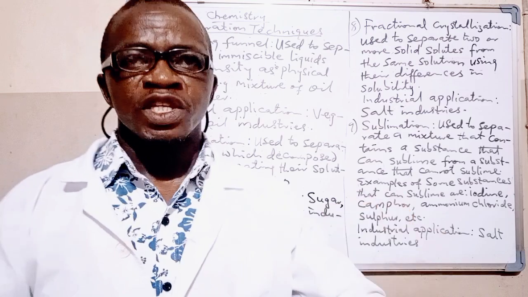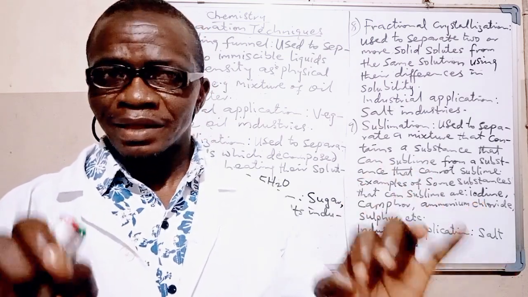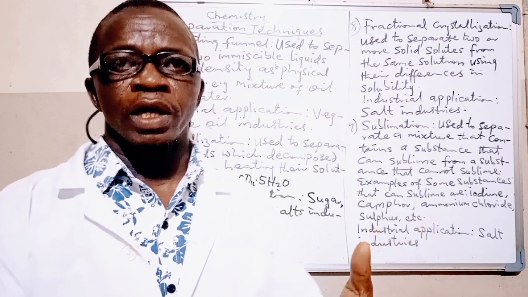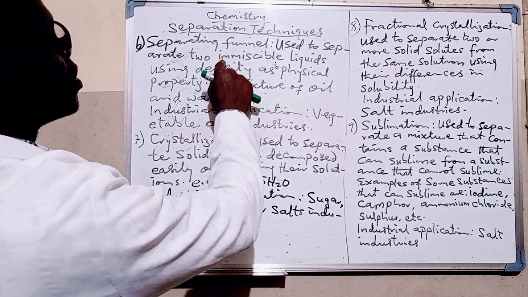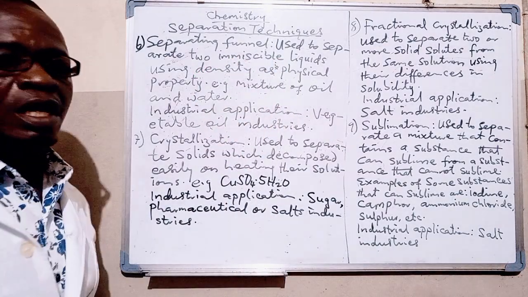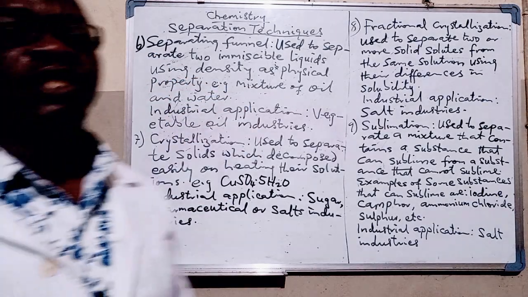Now, immiscible liquids has to do with two substances that do not mix well, like oil and water. So take note of miscible and immiscible liquids. In this case, we are talking about immiscible liquids.